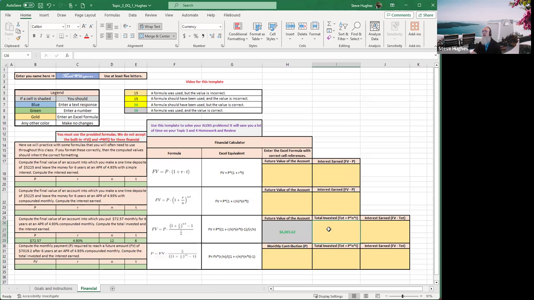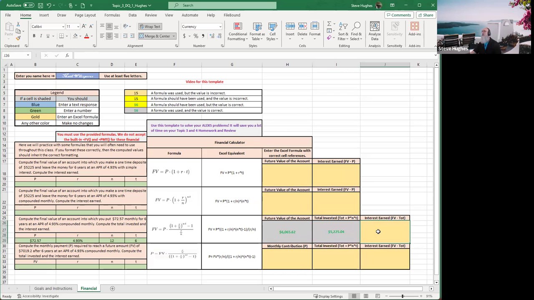Now I need to calculate the total amount that I invested. What does that mean? How much did I put into the account? I made a monthly payment, P, times 12 months per year, times the number of years, which was 6. So I made a total investment of $5,225.04. Now the last question asks me, how much interest did you earn?